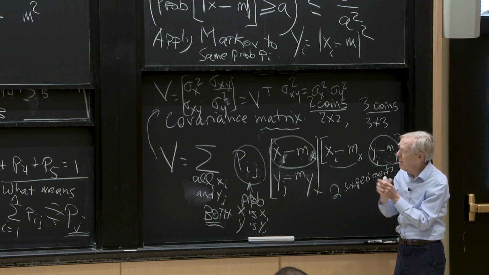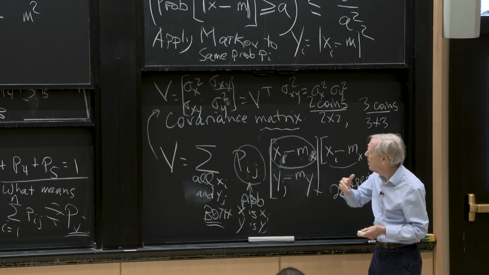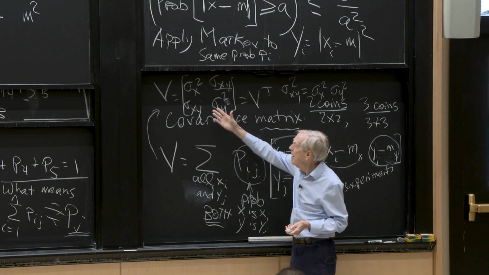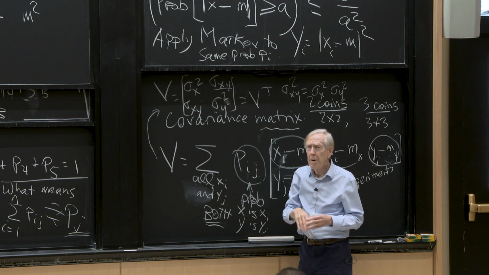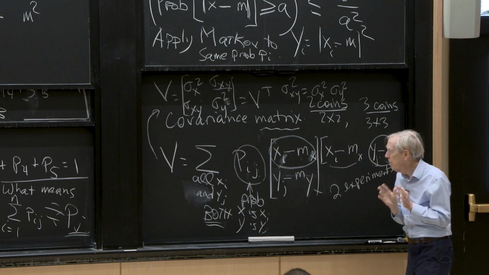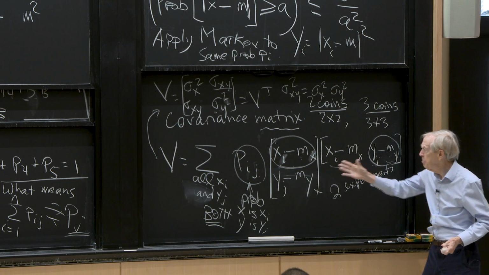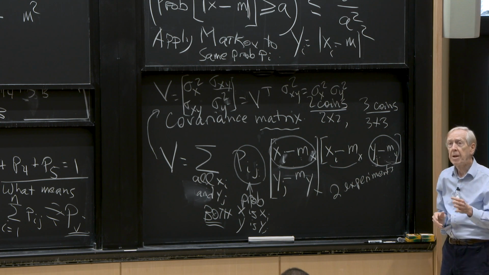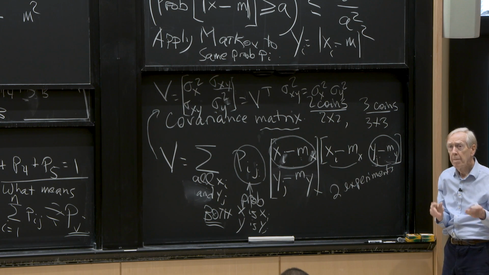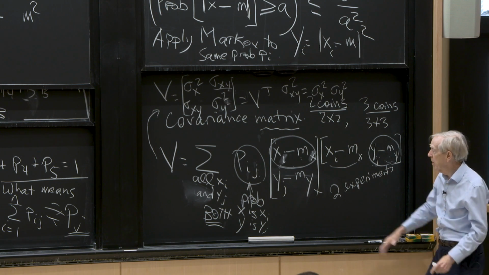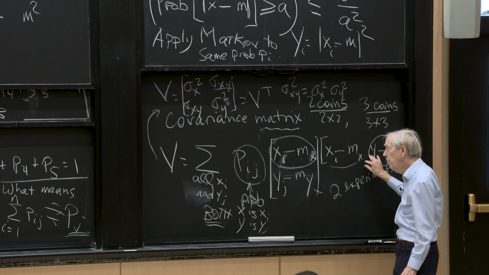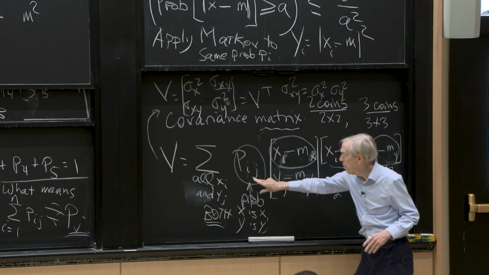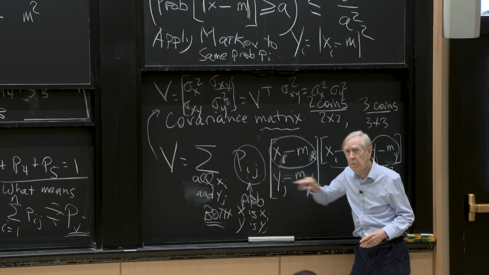Actually, we're probably getting all these 1/4, and that would make sense. So I'll just end with this statement. This matrix is positive semi-definite always. Positive semi-definite always, because it's column times row. We know that's positive semi-definite, and it's multiplied by numbers greater or equal 0.